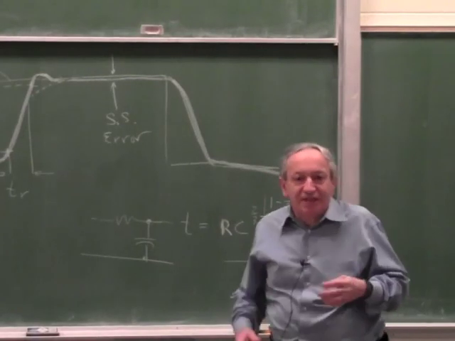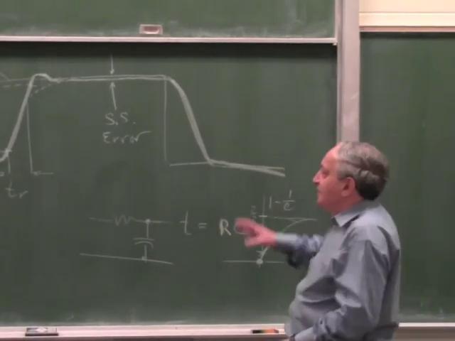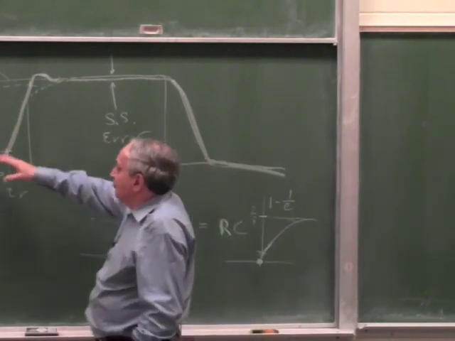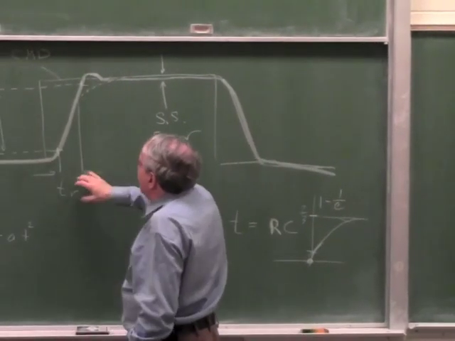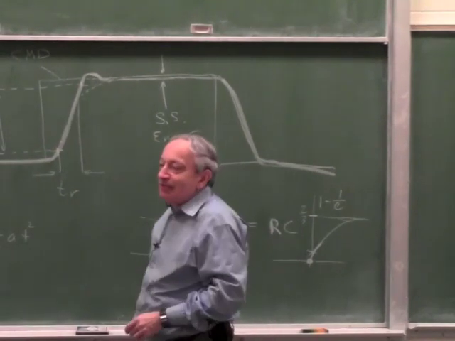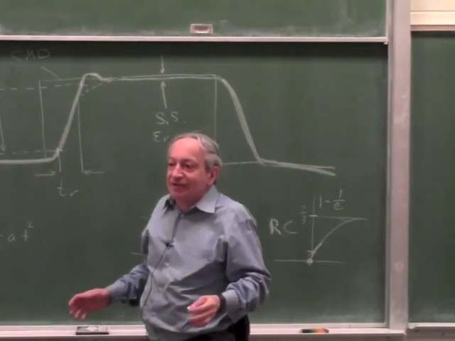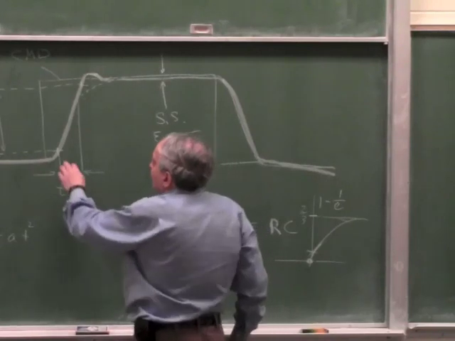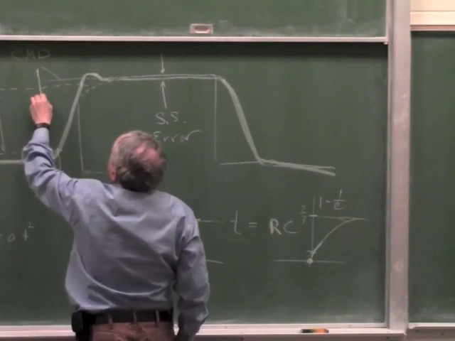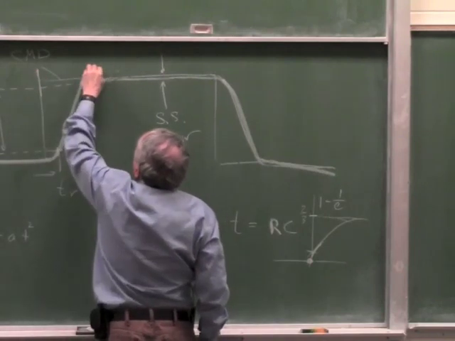Okay, so now let's go back to the original question. When you want to design a system, usually that's the spec given to you. You want the system to follow the command within a given time. Usually the spec is given as the time to be within X%. So the way people specify it, they say, I don't care about this, I want the thing to settle from here to come to within some error band.